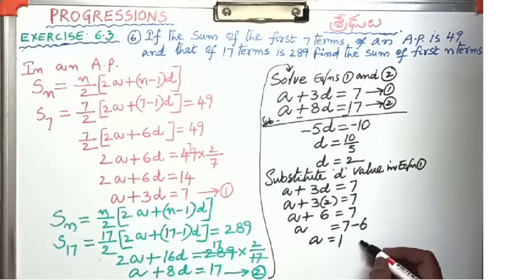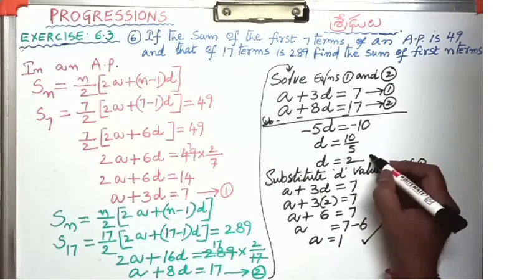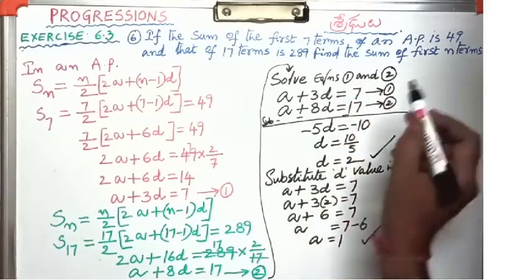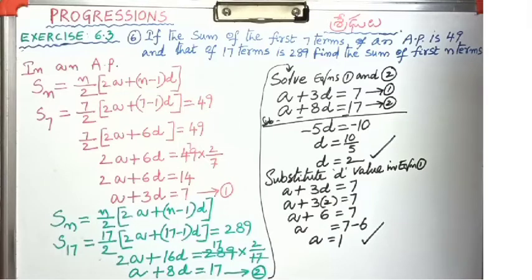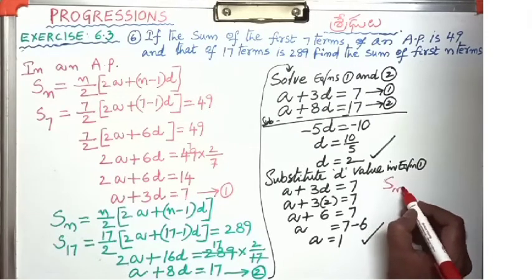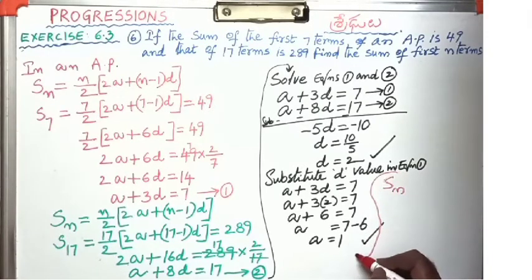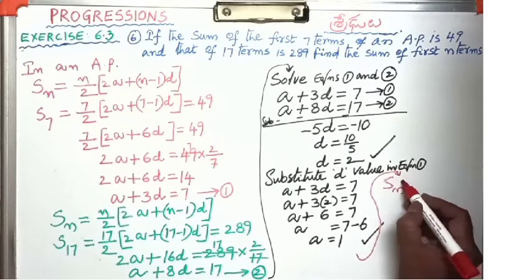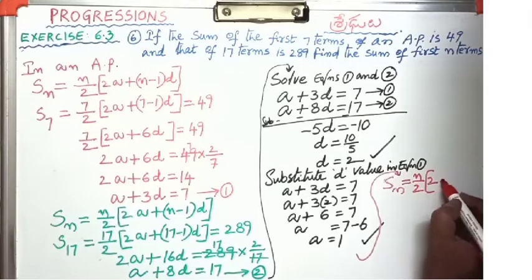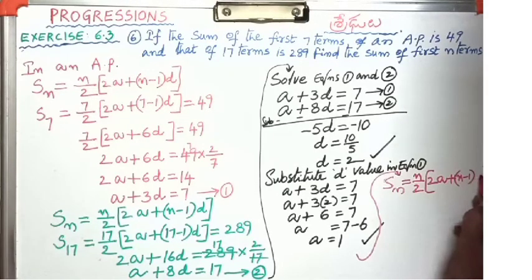Okay. Now you know a value and d value. So we have to find the sum of first n terms. So first, sum of first n terms find out చేయాలి. So what is the formula? Sn is equal to, okay, Sn is equal to n by 2 into 2a plus n minus 1 into d.